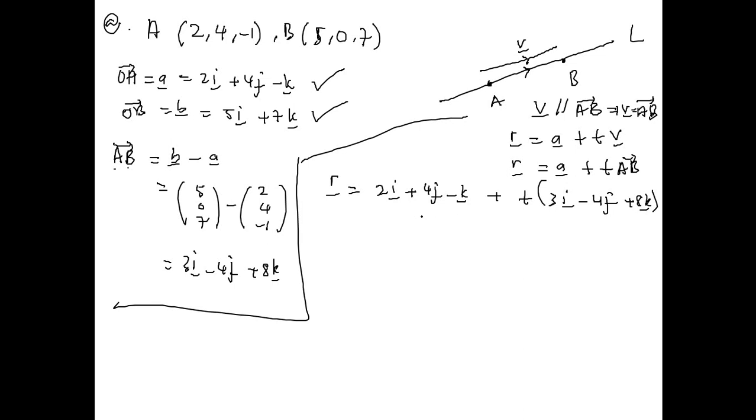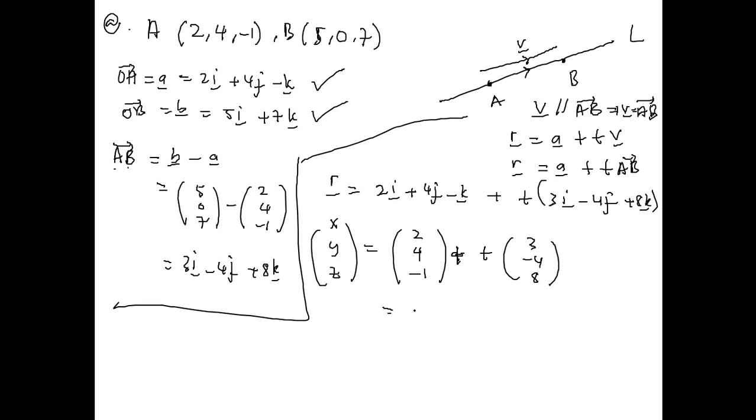But we want to find the parametric equation. Parametric equation means that you need to give the answer as x equals something, y equals something, z equals something. So r is equal to (x, y, z), or maybe you can change to matrix form: (2, 4, -1) plus t(3, -4, 8). Component i: 2 plus 3t.